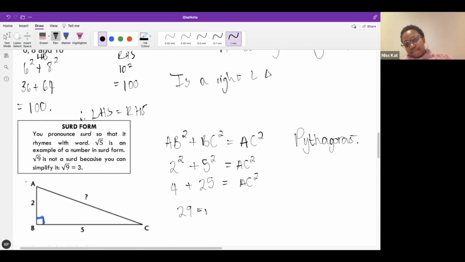We're going to equal AC squared. We're going to square root both sides. Therefore, AC is equal to square root of 29. Should I make it a decimal? You can. That's fine. 5,38.